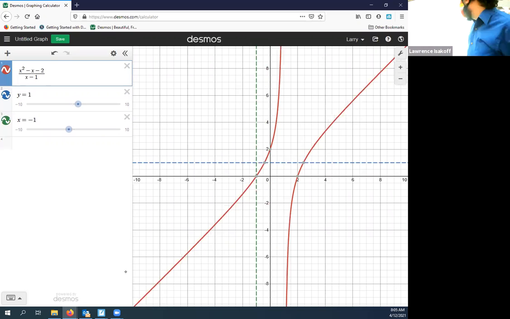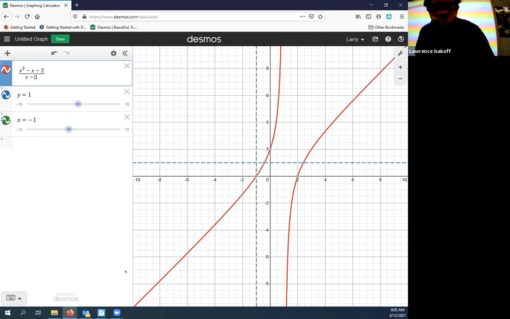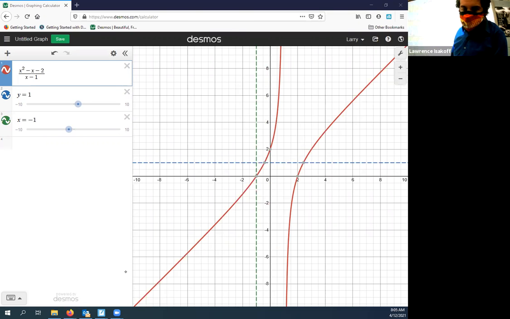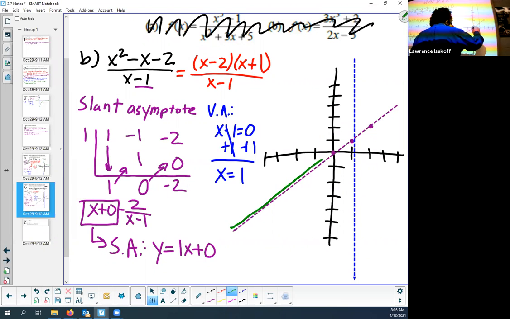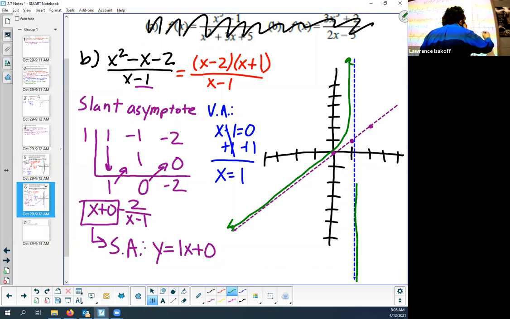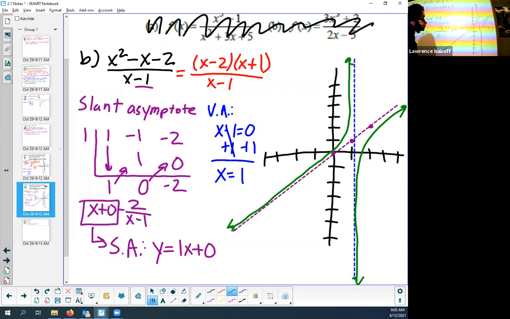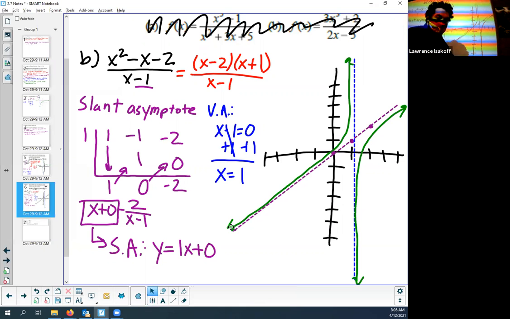There we go. We see it on the two outer parts. I'm going to add the asymptotes in one second. But our graph looks something like this. And that's it.